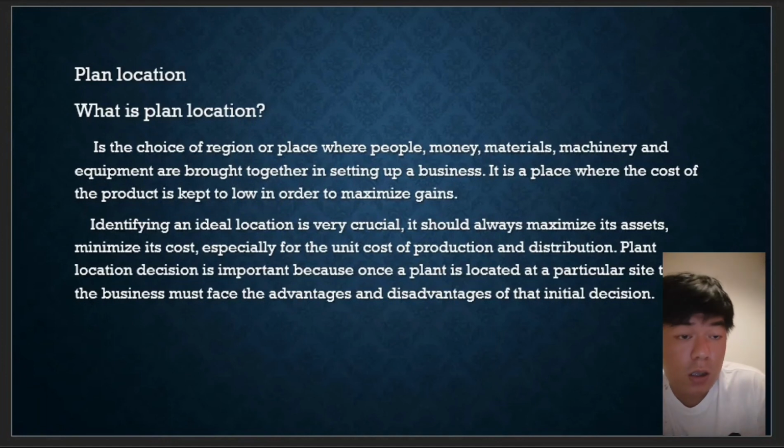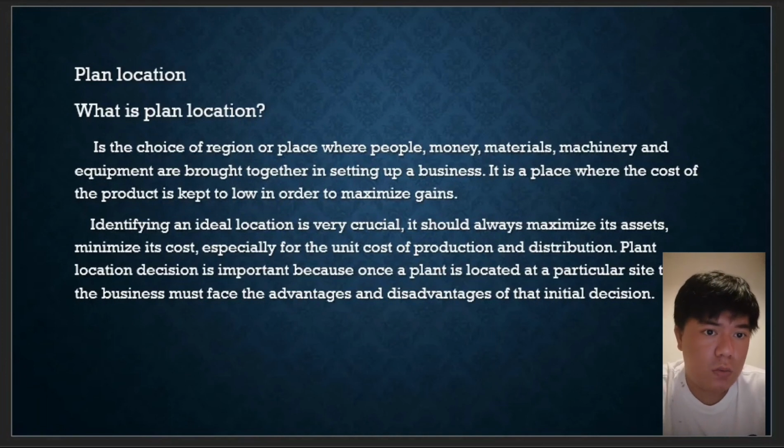Plant location. What is a plant location? So here I'm going to explain it to you. What is plant location? It is the collection of the area or location where resources such as labor, capital, raw materials, and equipment are gathered in order to start a business.